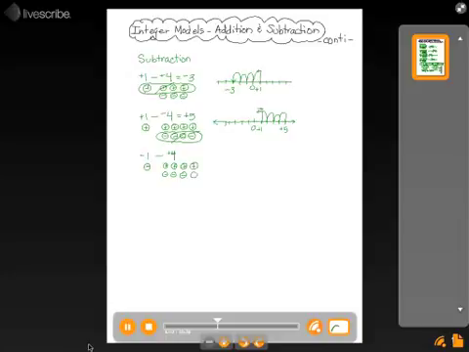Now we have 4 positives, and we didn't change the value because we've just added 0. Now we take away the 4 positives, and it leaves us with 5 negatives.